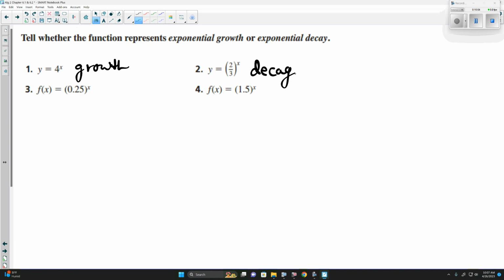Number 3, decay, because 0.25 is between 0 and 1. And lastly, 1.5. Questions on any of this here? We feel comfortable with this here?